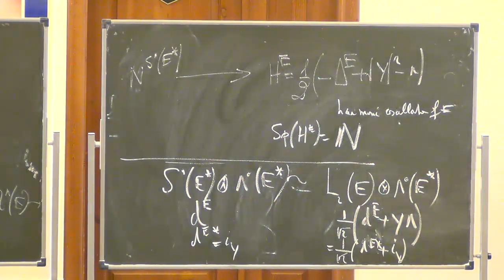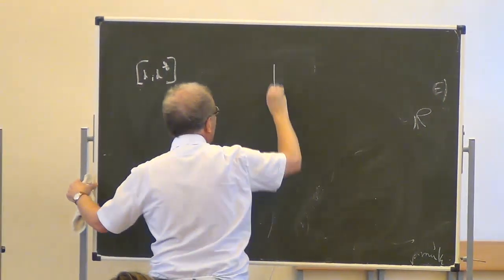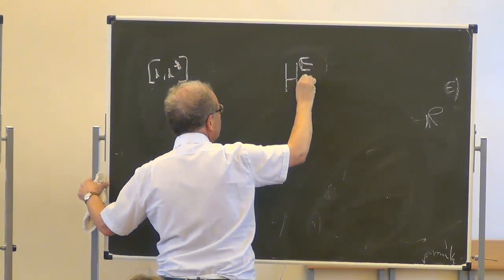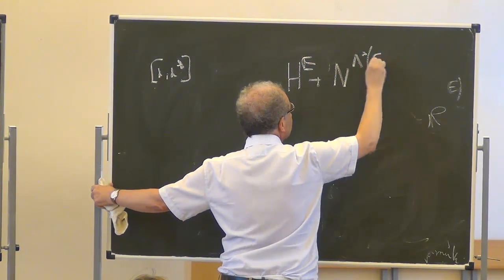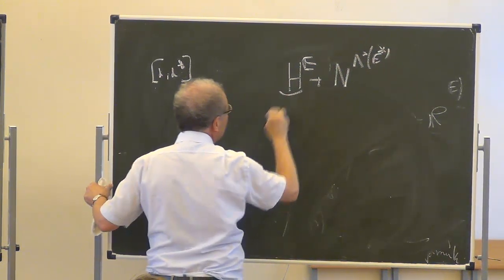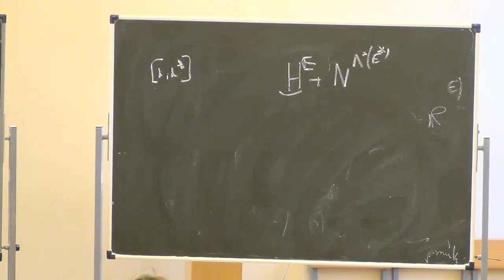And so finally, the Hodge Laplacian on the algebraic side corresponds to the so-called Witten Laplacian, which is the sum of the harmonic oscillator plus the number operator acting on lambda of E star.